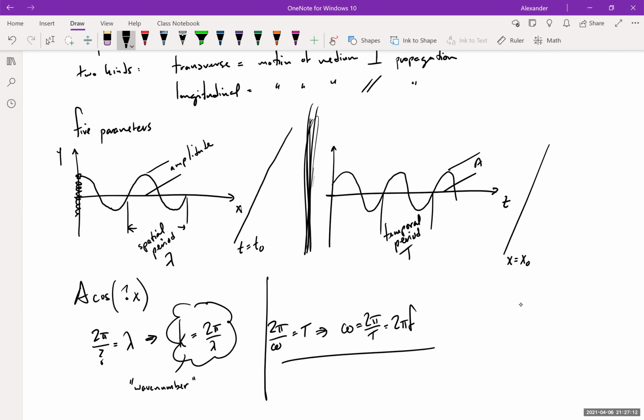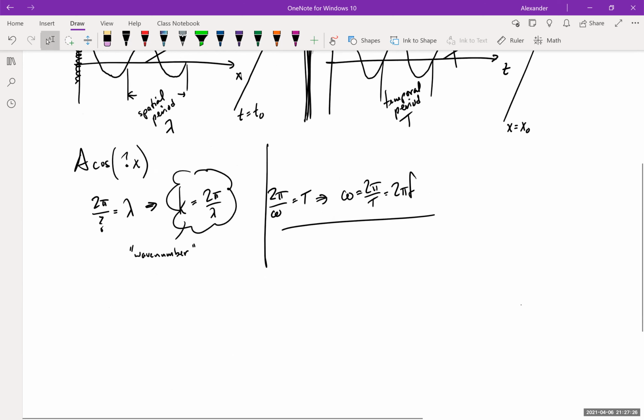The other thing I might be interested in is how quickly this disturbance propagates to a distant point. In other words, how fast is the disturbance moving along this string? I need a speed. One cycle occurs in a wavelength worth of space.